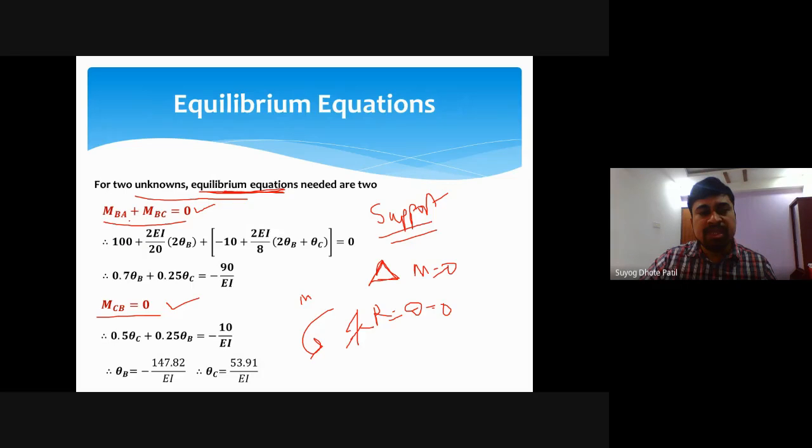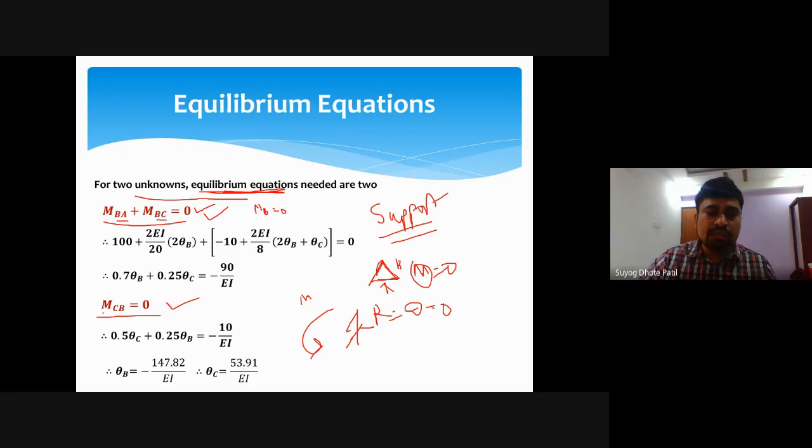So that's why MBA plus MBC will be 0. The contribution of the moment over joint B will be in terms of BA and in terms of BC. Ultimately, moment about B will be equal to 0.